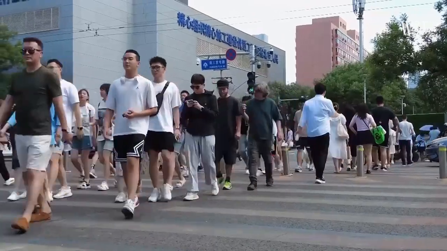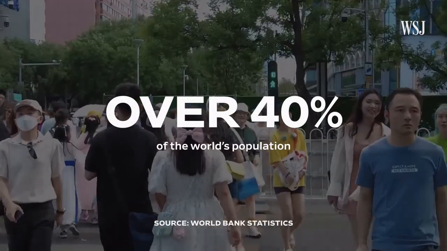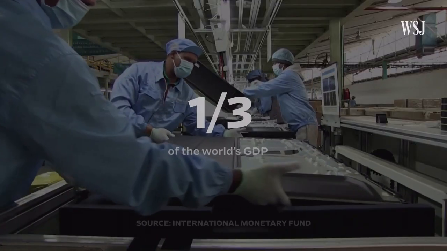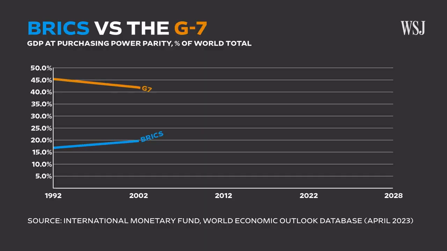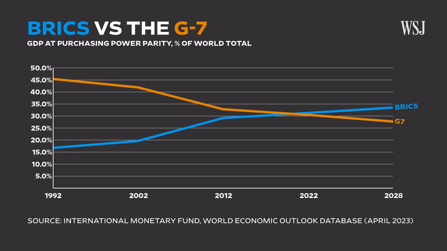The BRICS countries together make up more than 40% of the world's population and almost a third of the world's GDP. According to data from the International Monetary Fund, the bloc has already overtaken the G7 nations' share of the global economy on the basis of purchasing power parity. That's when the purchasing power of different currencies is equalized.